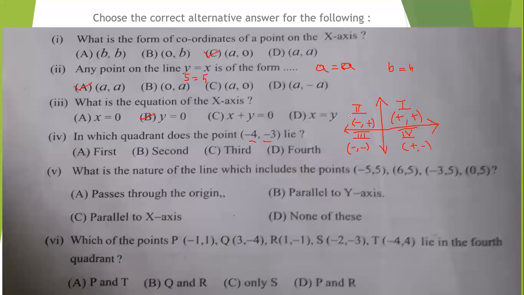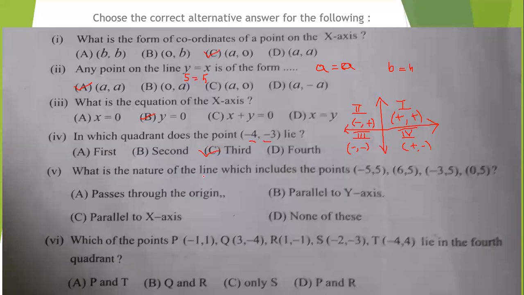Then which quadrant has both the coordinates as negative? It is the third quadrant, right? You can see over here third quadrant, minus minus. So you have to just put a right tick mark on C because A is first, B is second, C is third. So the third one is the answer.